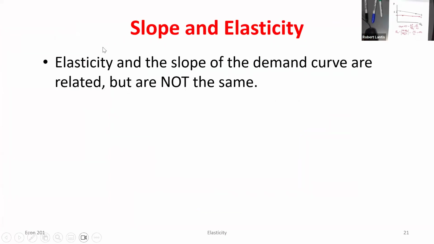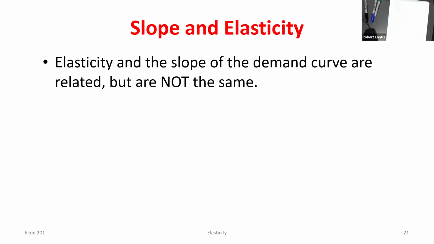Right. So we've already touched on this, but we said the idea that slope and elasticity are not the same thing. So when we're talking about whether or not a good is elastic or inelastic, we were being a little irresponsible last class because the same good can be inelastic or elastic if we're at different points on the same demand curve.